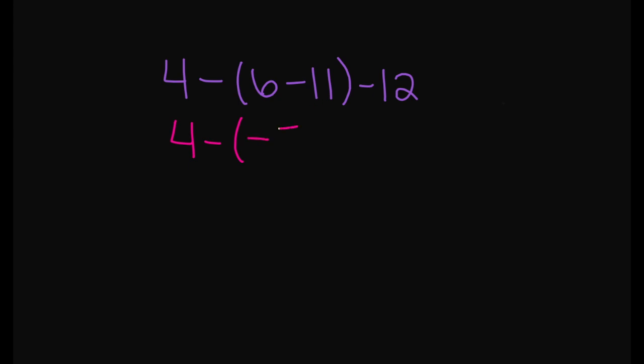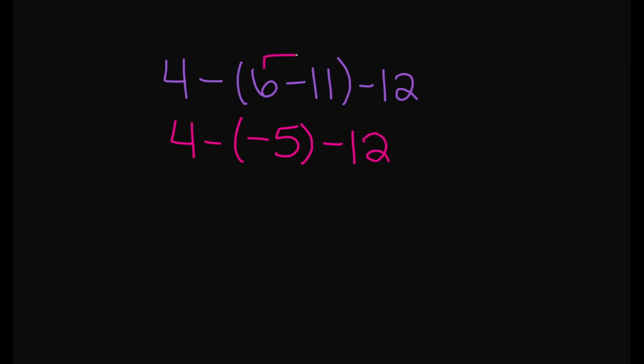What if you had something like this? 4 minus 6 minus 11, and then minus 12. Let's look at this example here. So I'm going to first work inside my parentheses. So you're going to get 4 minus 6 minus 11. This is going to give us a negative 5 inside the parentheses. And then you're going to get minus 12.